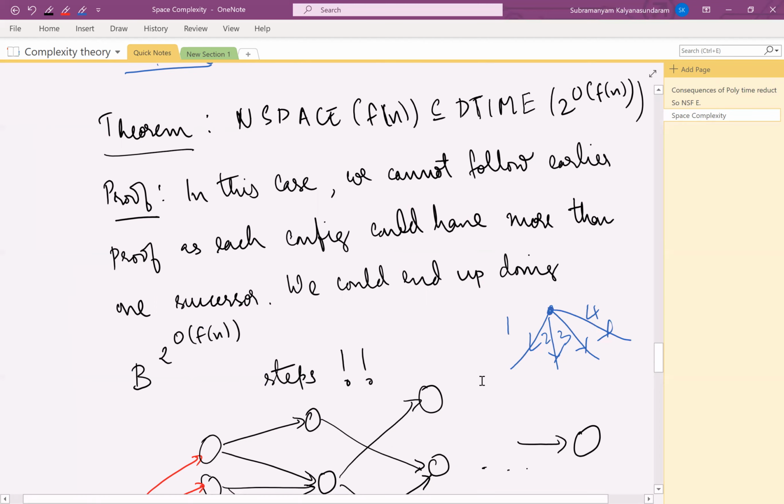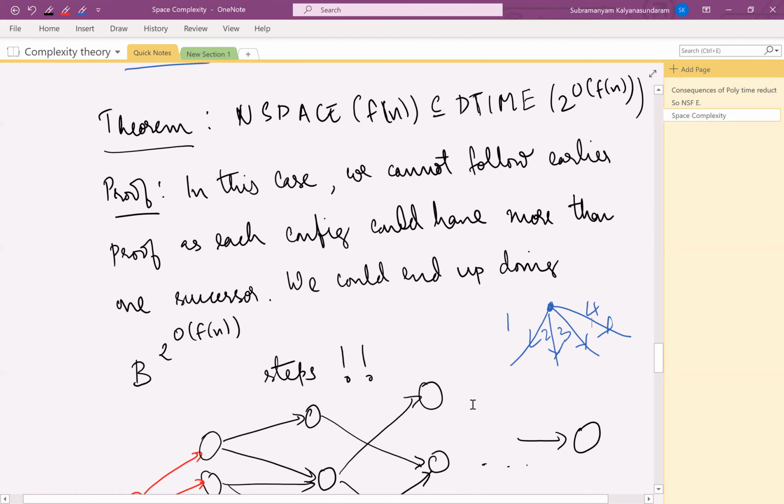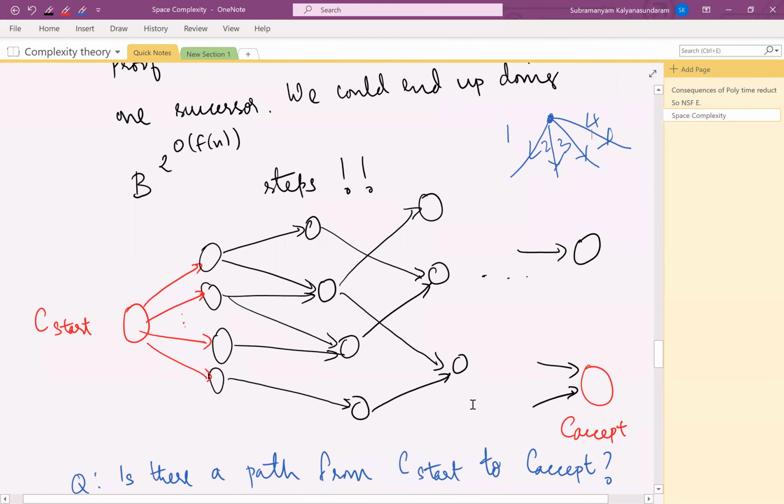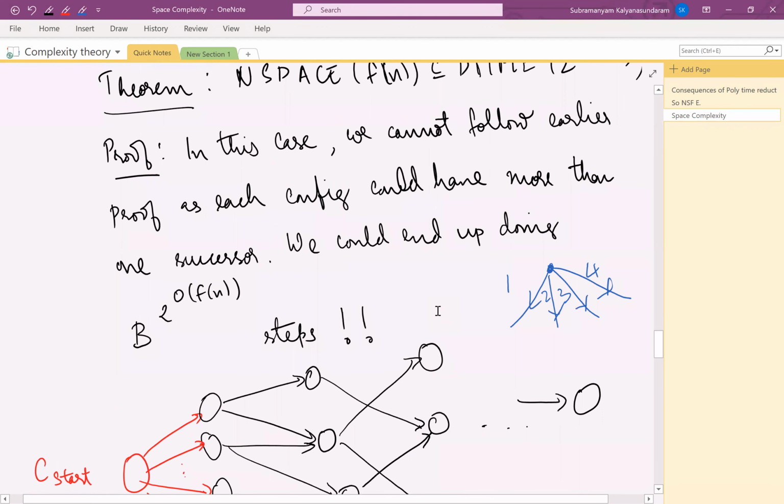So it does not have to draw this entire configuration graph to begin with, but it will implicitly keep track of this. And anyway, we are not bothered about the space in the case of the time machine, but we are bothered about the time. So we need to have some tracking mechanism, which is anyway there in any depth first search or breadth first search. At every node, we have to keep track of that.